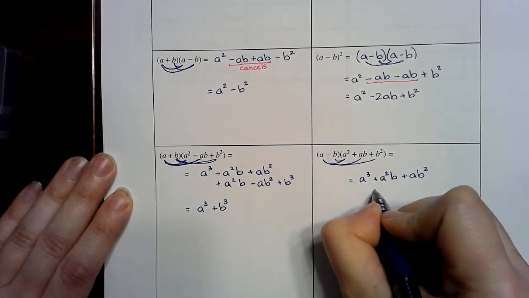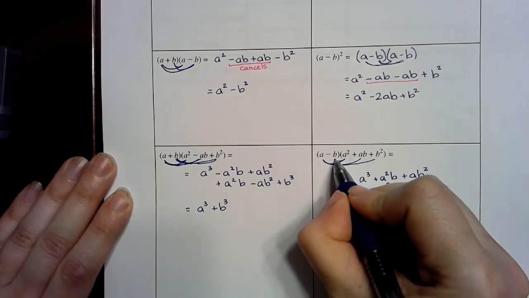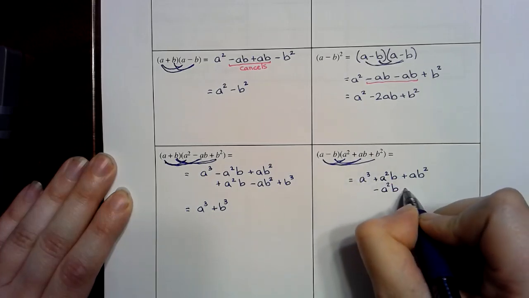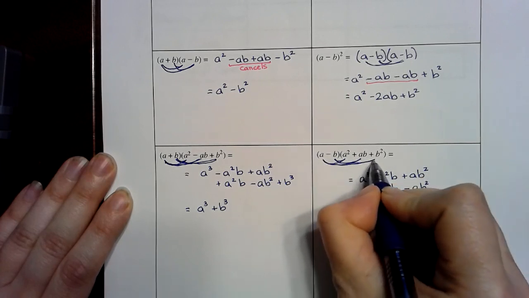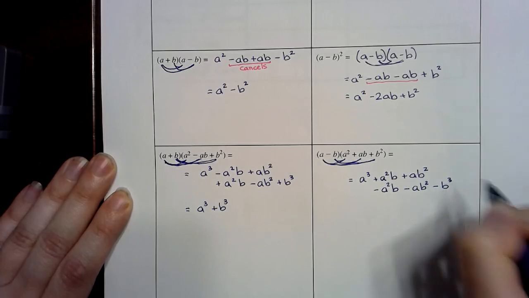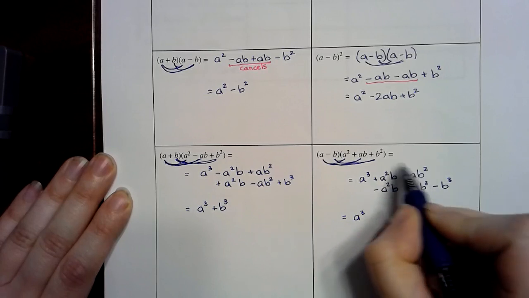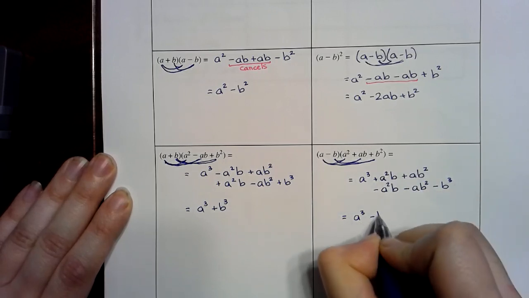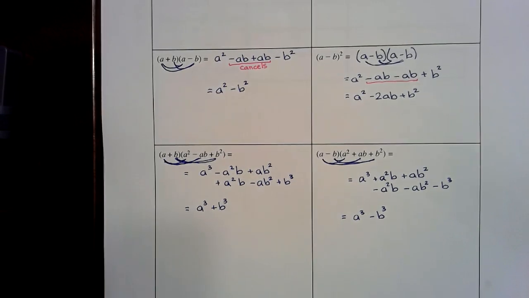Negative b times a squared will get me minus a squared b. Negative b times ab will get me minus ab squared. And negative b times positive b squared will get me minus b to the third. Again, these terms here cancel. And I'm left with just a cubed minus b cubed.